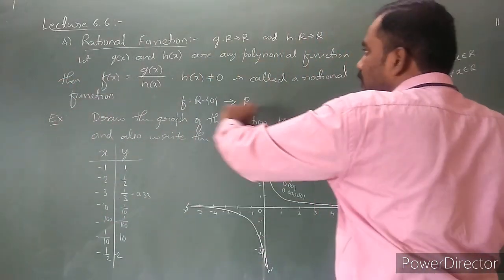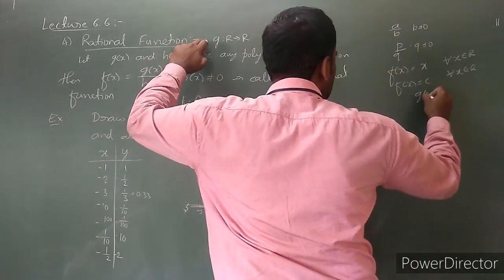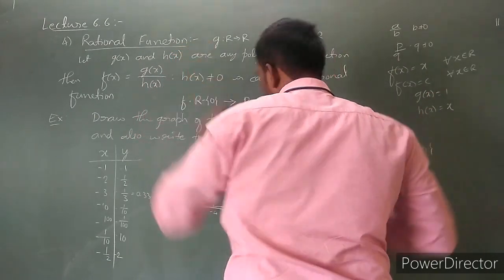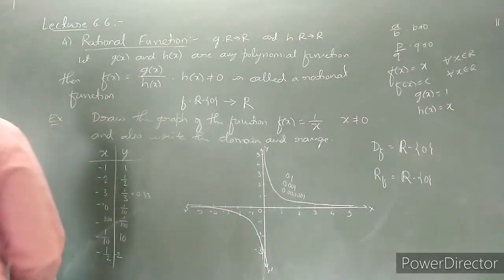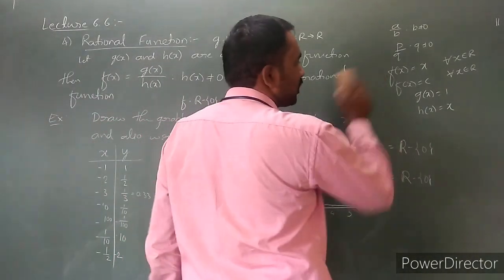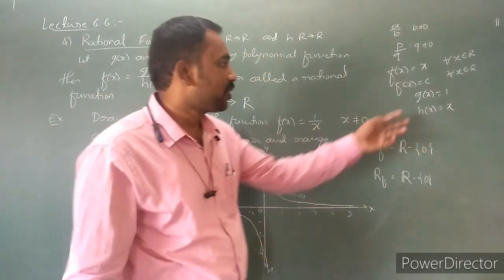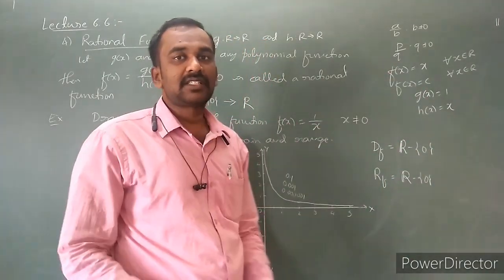If you compare here, g of x is equal to 1 and h of x is equal to x. Are these two functions polynomial functions? Yes, obviously.